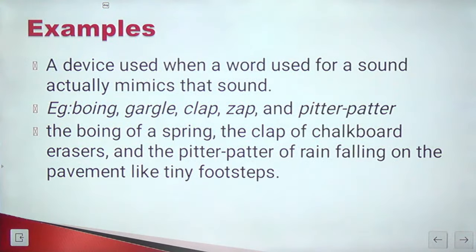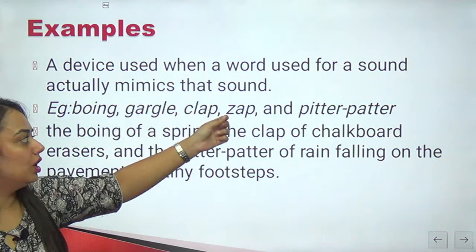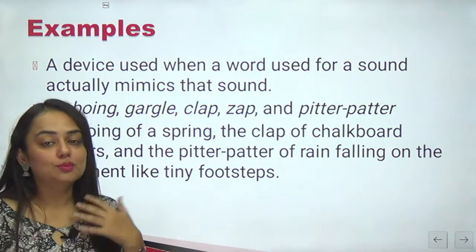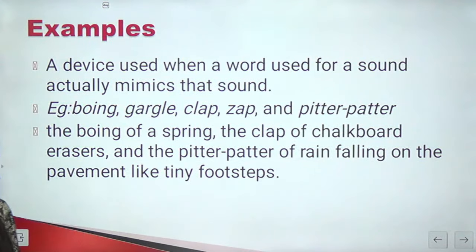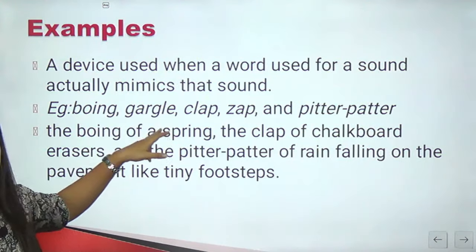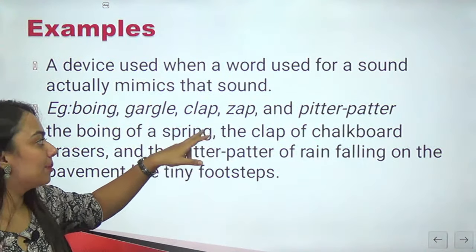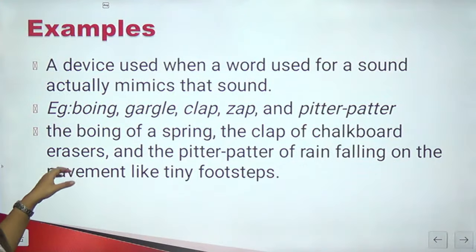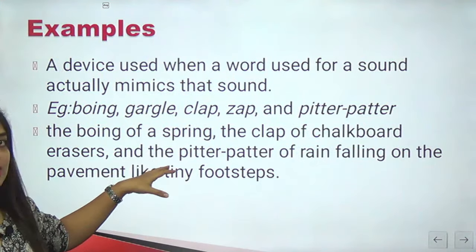Right, examples of this are, first of all, not the example, let's see the meaning. A device used when a word used for a sound actually mimics that sound. Just by the sound you are able to understand what it is mimicking. Examples are booing, gobble, clap, zap and pitter-patter. The booing of a spring, this is the example now.